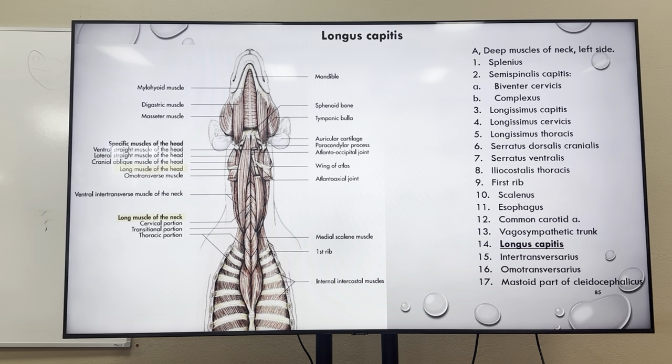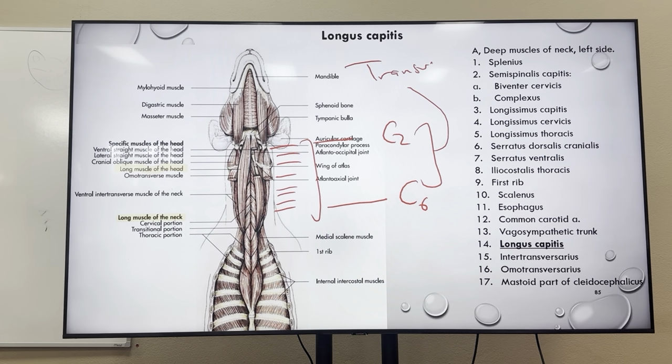The longus capitis comes all the way from the transverse processes of C2 up to the transverse process of C6.